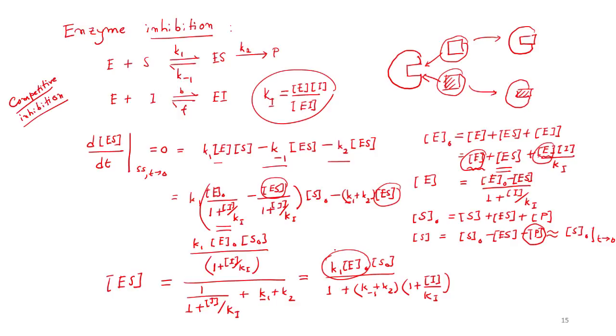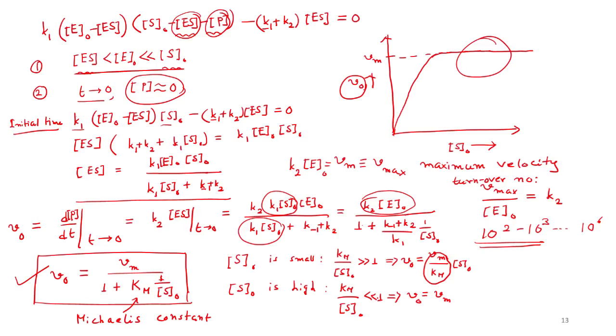Or we can actually keep that at this stage, and we can do it later also. Just for material balance, it will be K1, K minus 1 plus K2 divided by K1, and we can just keep it for the time being. We can get back to it later also. In the Michaelis-Menten part, the way we did it, if we go back, we actually divided by K1 into S0.